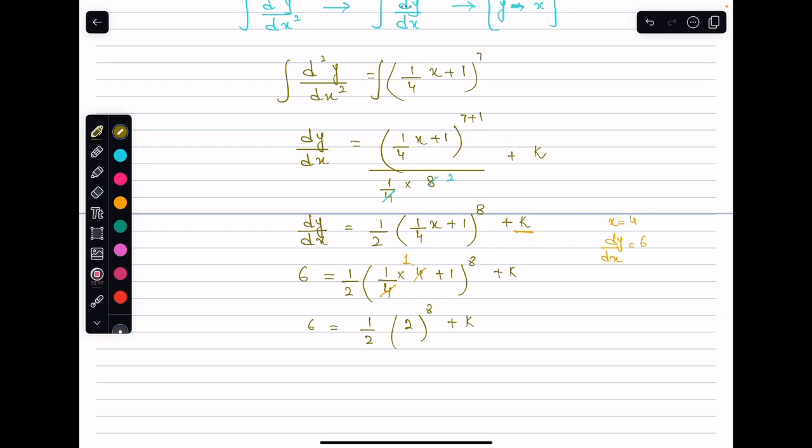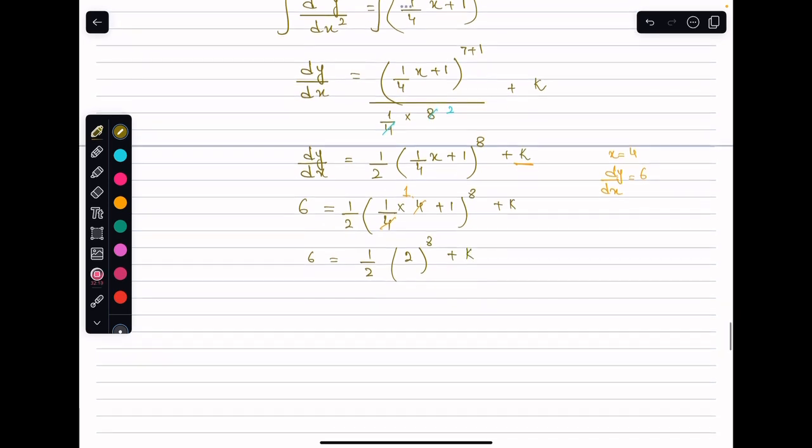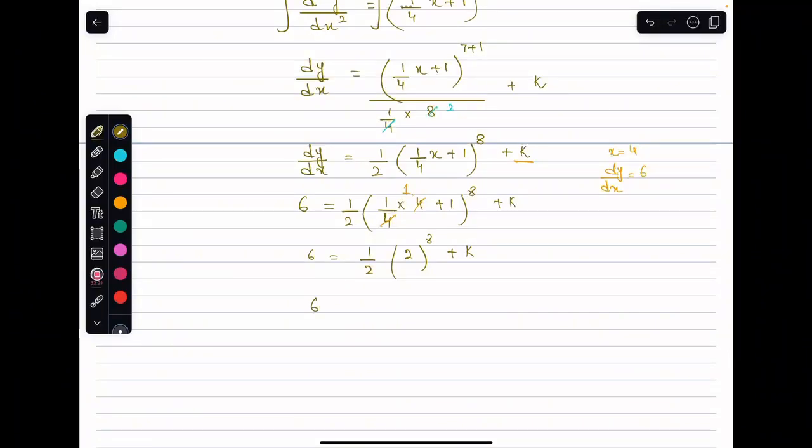This 2 and 2 to the power 8, I can simplify, and this is basically going to be 2 to the power 7, and 2 to the power 7 gives me 128, and then plus k here.